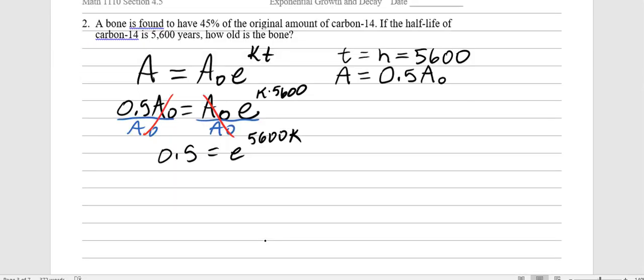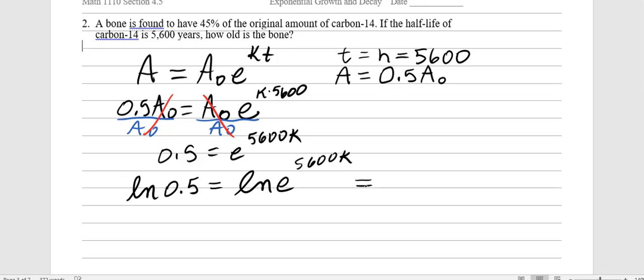And then in order to get to that k, I'm going to use the natural log to get k out of the exponent position. And I'm going to apply the natural log to both sides of the equation. This natural log is the exponent I need to apply to the base of the log. The base of the log is an unwritten e to get e to the 5,600k.